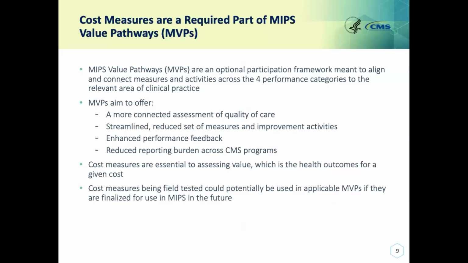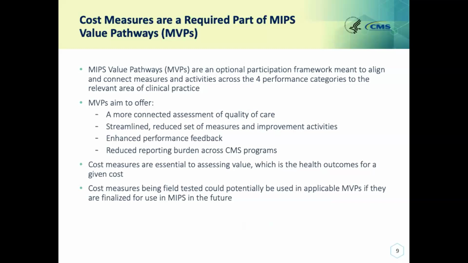So within MIPS, there are different participation options. Traditional MIPS continues to be an option, but there is also a new participation framework called MIPS Value Pathways, or MVPs, which have been available since 2023. So MVPs are a way to connect the quality, cost, and improvement activity categories while maintaining the PI category, as well as population health measures in the foundational layer across all MVPs.